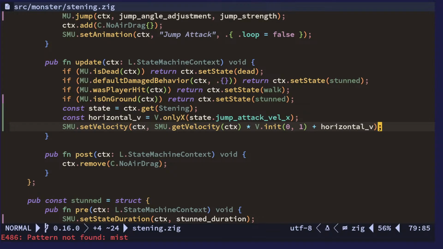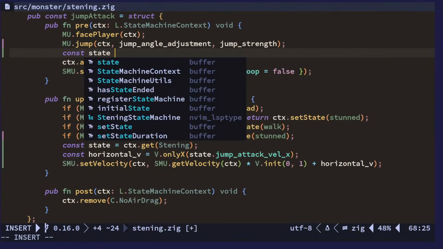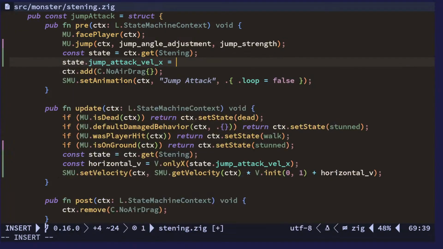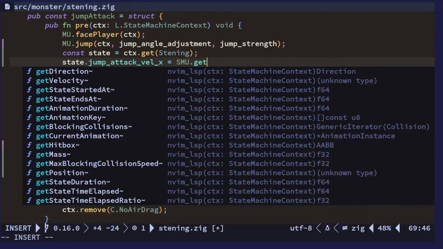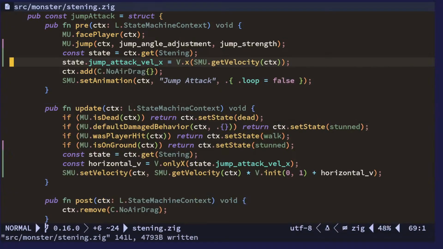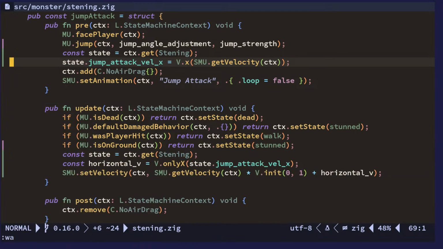So let's try that. So now let's see. We're getting the state. Okay, we also need to set it over here. So let's get the state, and then this one should be get velocity x. Okay.